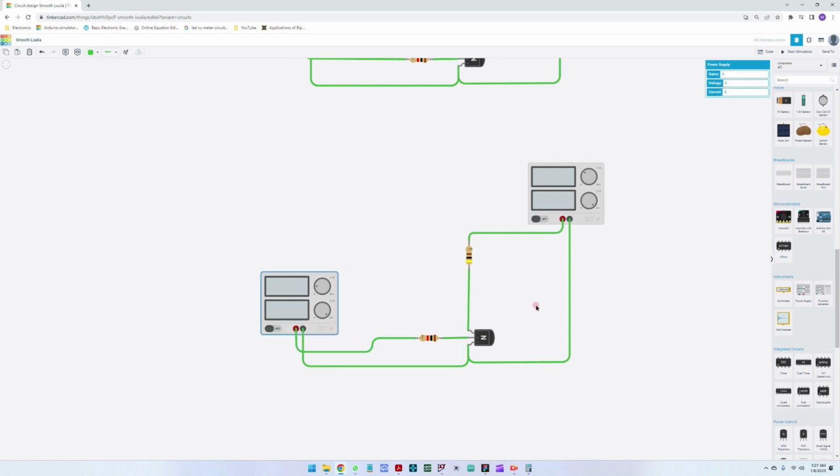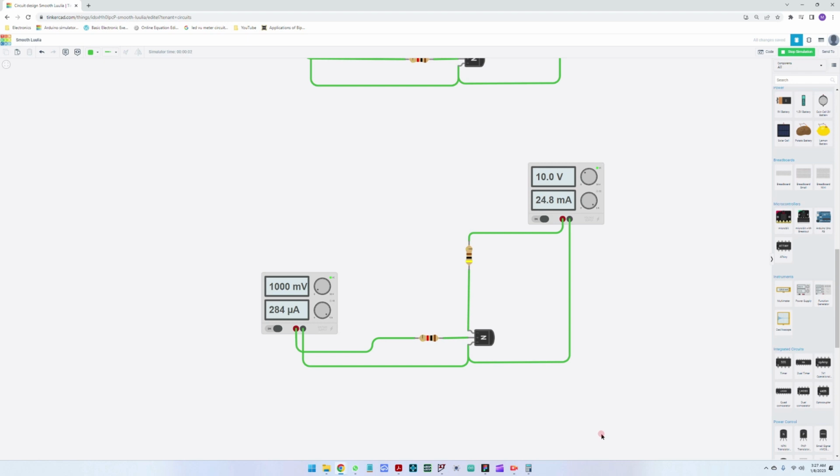and let's start with a voltage of 1 volt. Let's see what is the output current, or the current drawn from this power supply, if we're supplying this at 1 volt.